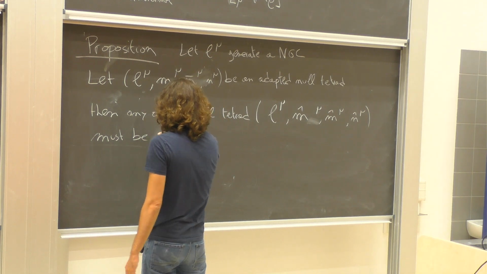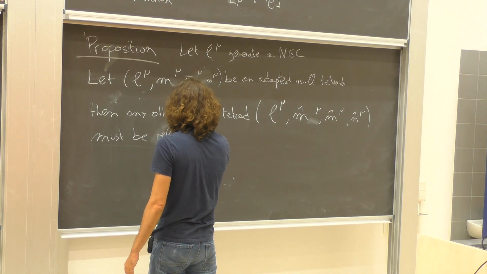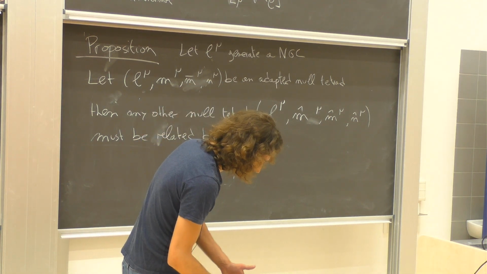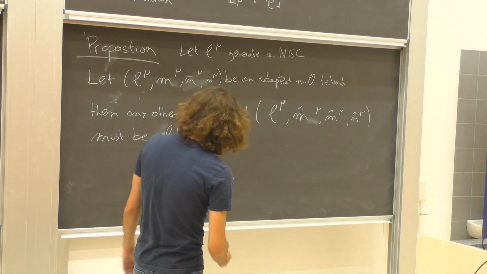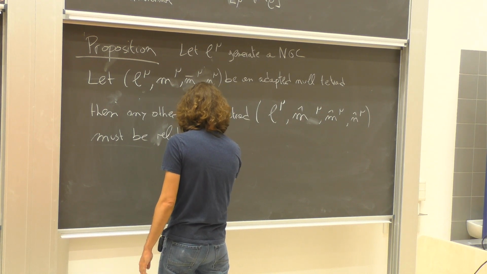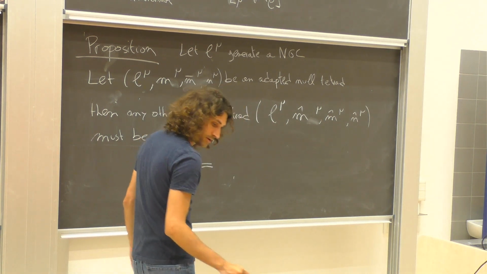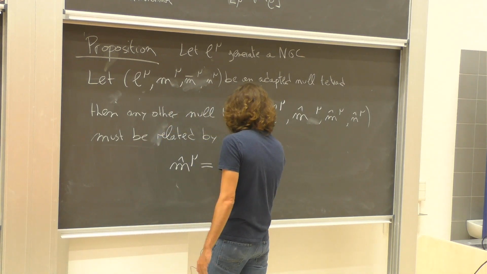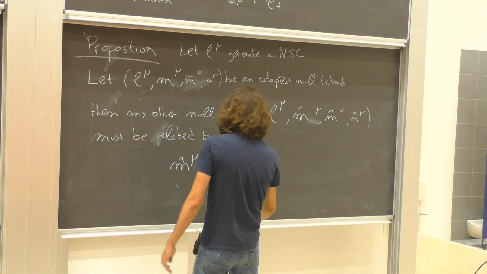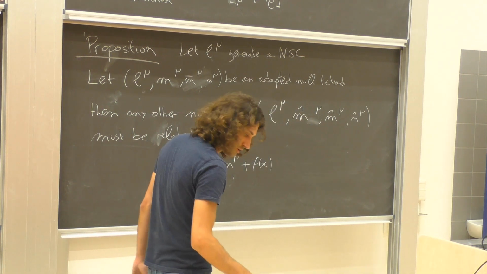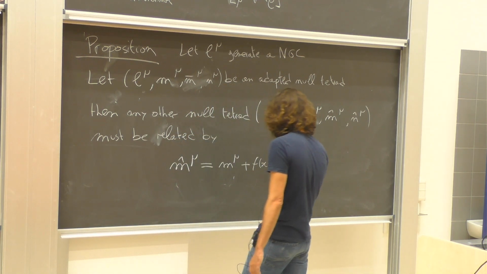Must be related by, and you can convince yourself this would be an exercise, it must be of the following form. So M sharp is just the original M plus f of x, a certain complex function, times L^μ.